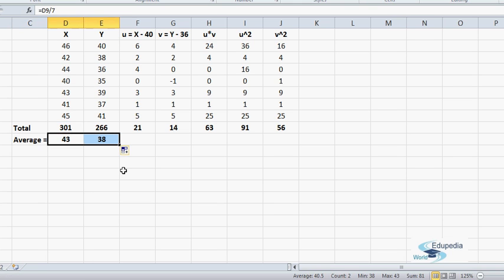We have the averages now of X and Y. Now we are ready to find the values of B, then A. So B will be equal to, if you recall the formula, n multiplied by summation UV minus summation U into summation V, divided by n times summation U square minus summation U the whole square. My value of n is 7 multiplied by summation UV, which is this value.